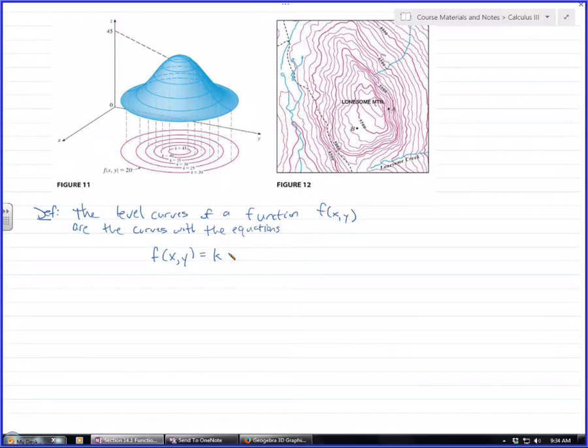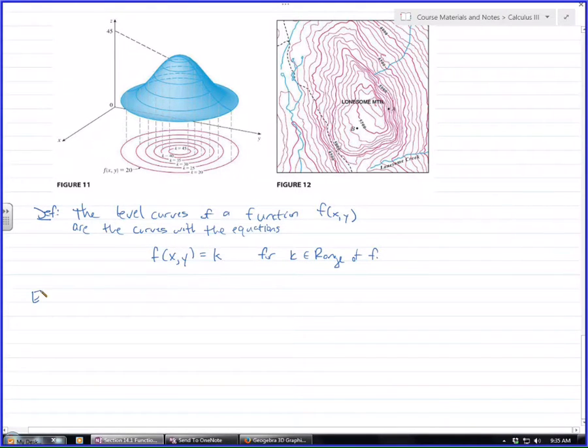I'm going to graph the curve f of x, y equals 45. Since it only has an x and a y, it's just a curve in the plane. And then I'll do it again for k equals 40. I'll graph f of x, y equals 40. And then f of x, y equals 35, and so on. And so you get this picture down here, and then we throw away the surface and just look at it flat on, and that gives you the topographical map or the level curves. That's for k in the range of f.